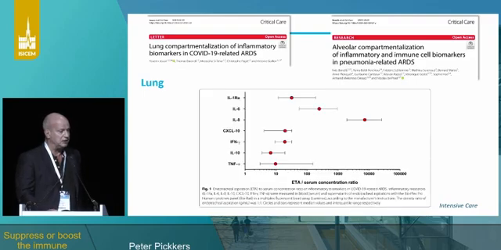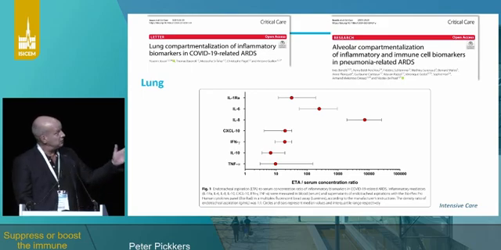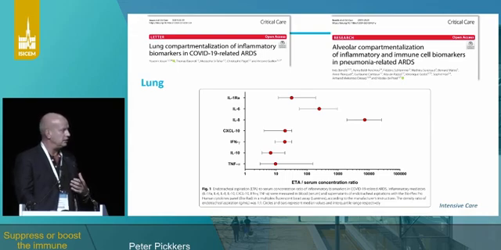These are two very nice studies that also compared cytokine levels in endotracheal aspirate compared to the circulating levels. What they found, as you can see in this graph, is that in the lungs, cytokine levels are actually 10 to 10,000 times higher than what we measure in the blood.